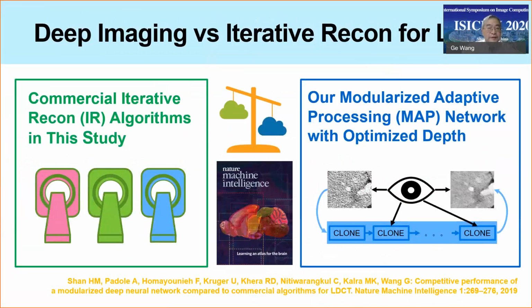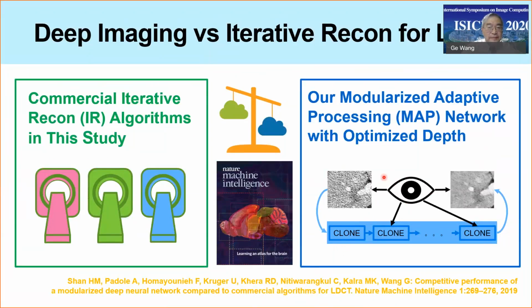We also wrote a paper in which we performed a high-level comparison, and we showed a modularized adaptive processing network. As shown here, we have multiple identical network modules, so we do processing progressively. And we bring radiologists in the loop.